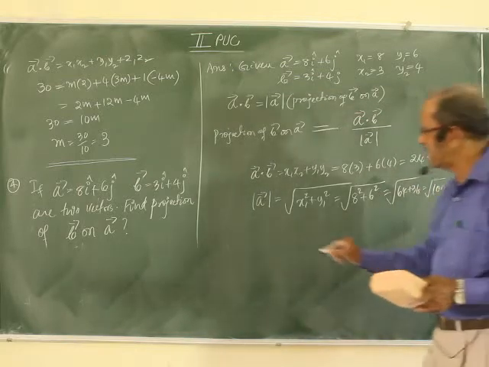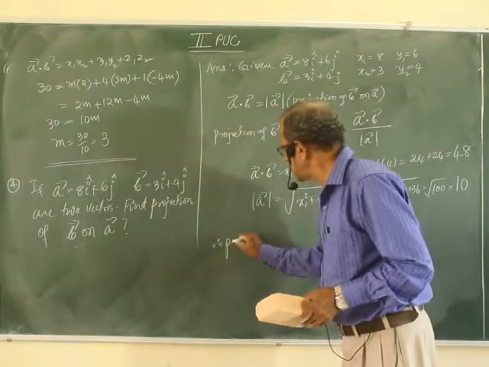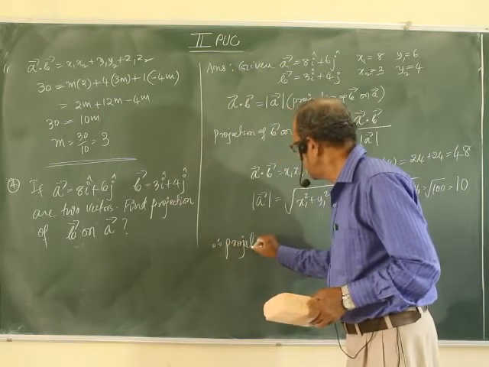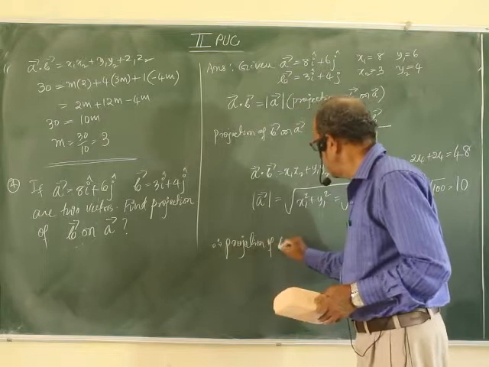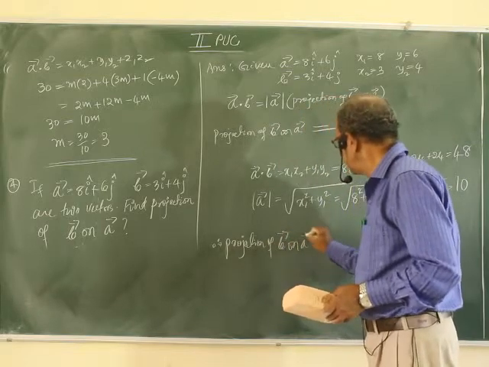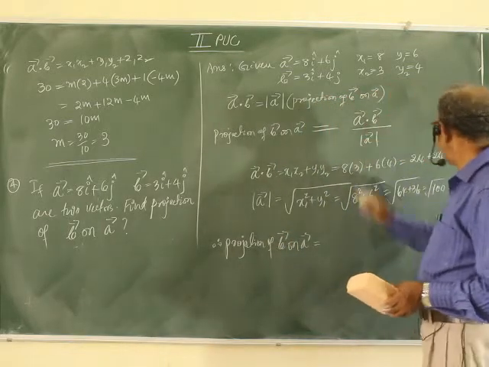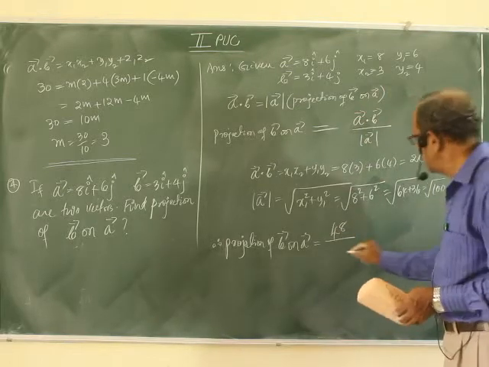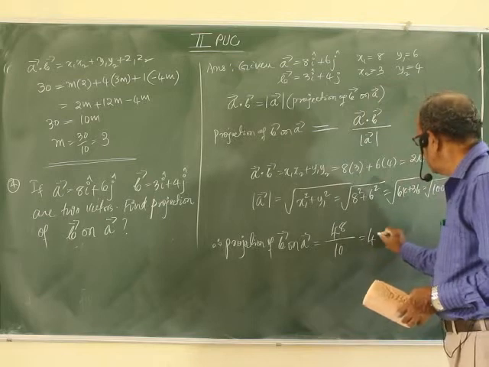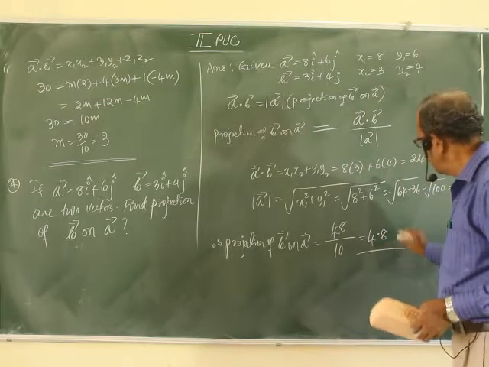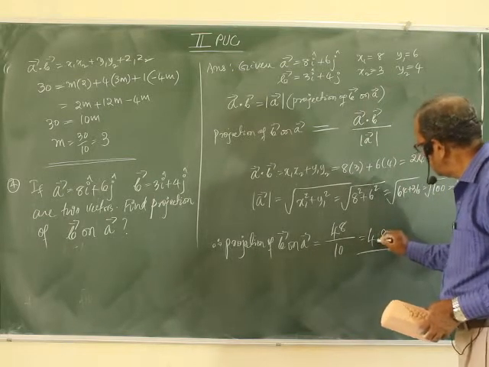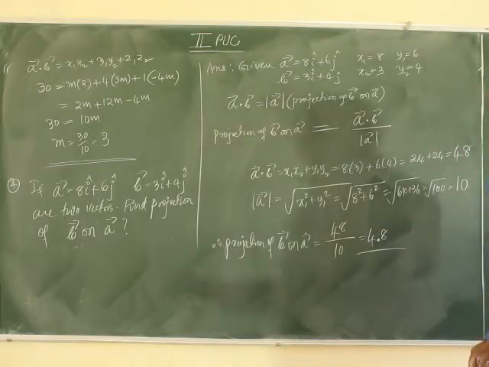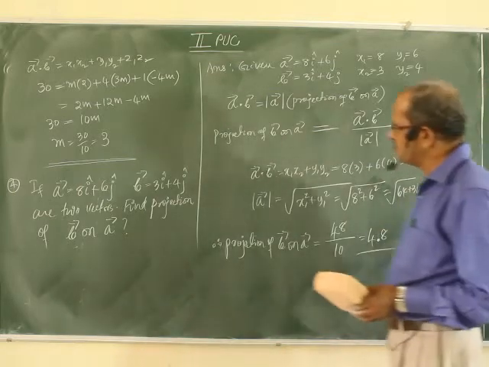Now write the answer. Therefore, projection of B on A equals A dot B, 48, by mod A, 10. Answer 4.8.